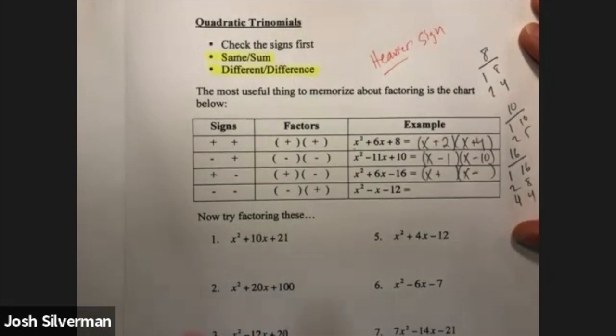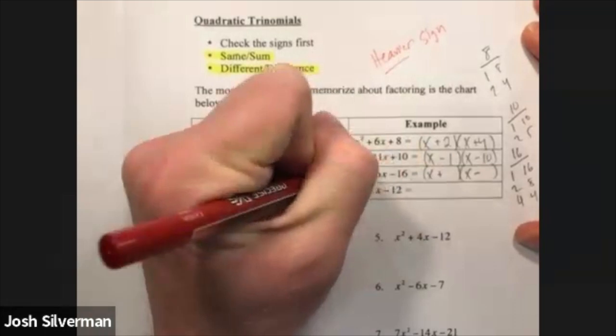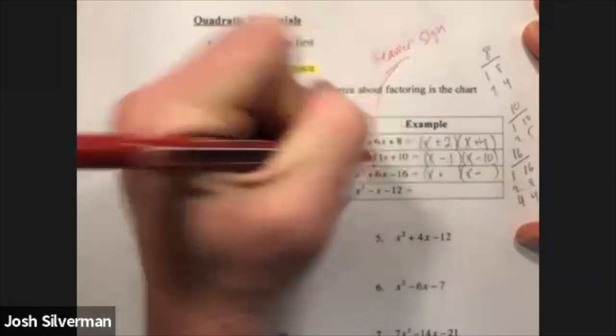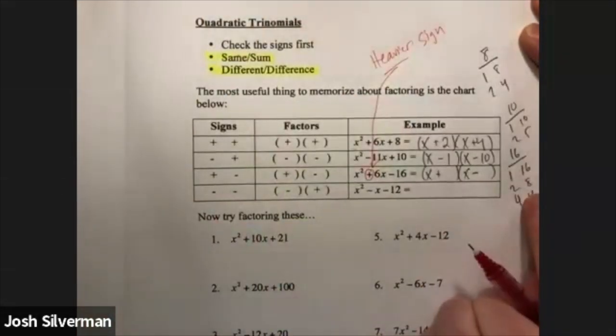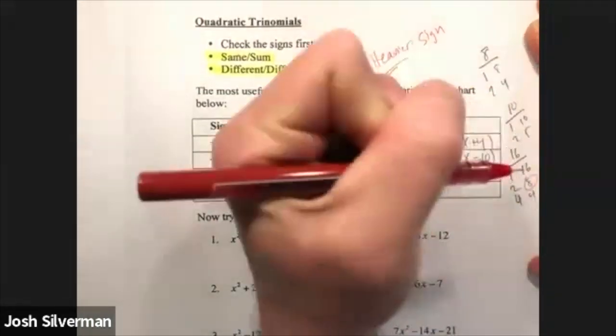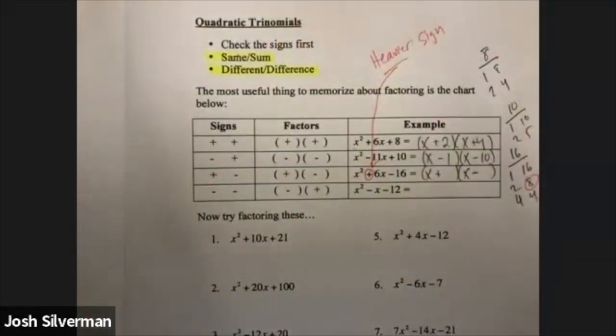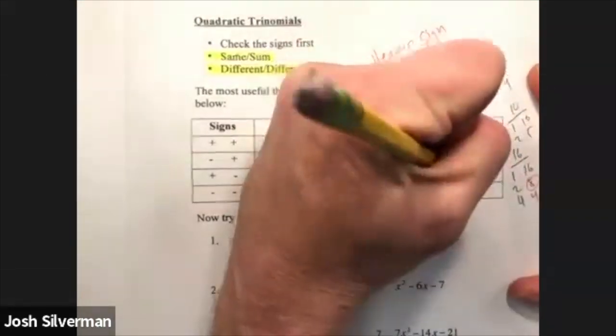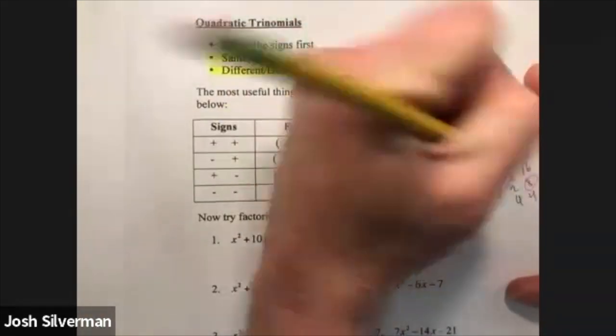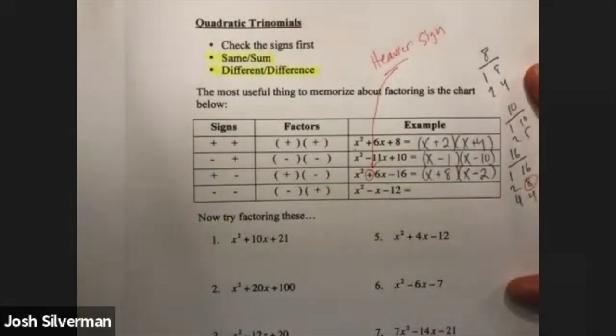And since we want to end up with a plus, that's the heavier sign. And so that means the bigger number matches the heavier sign. So the 8 goes with the plus and the 2 goes with the minus.